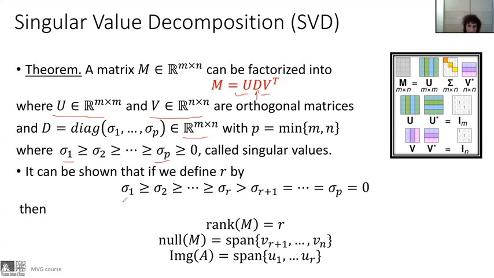Now, if I order these singular values from the large to the small, it can be shown that if I denote by R the last singular value that is not 0, then the rank of the matrix is R, and the null space is spanned by the right orthogonal vectors V R plus 1 to V n, and the image of the matrix is spanned by U1 to UR, which is the left set of orthogonal vectors.